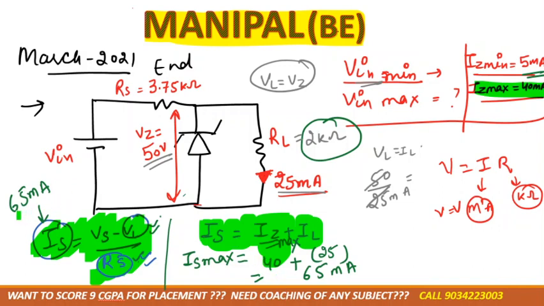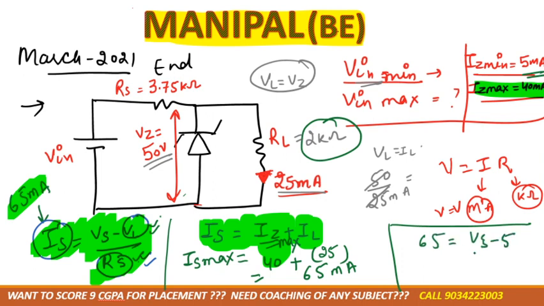We can substitute the value of IS over here, then we'll get VS. So 65 is equal to VS minus 50 divided by RS, 3.75. Correct? If I use the maximum value of current, we'll get VS maximum. If I use the minimum value of the current, then we'll get VS minimum. So from this formula we'll get VS maximum. Now solve it for the VS minimum and then tell me the value.